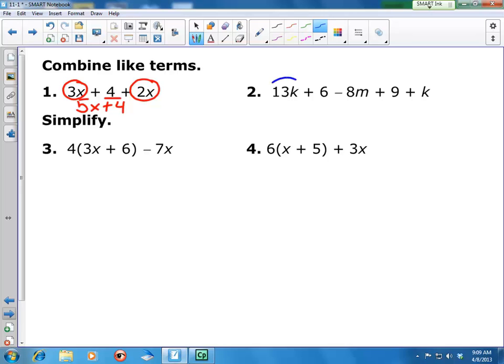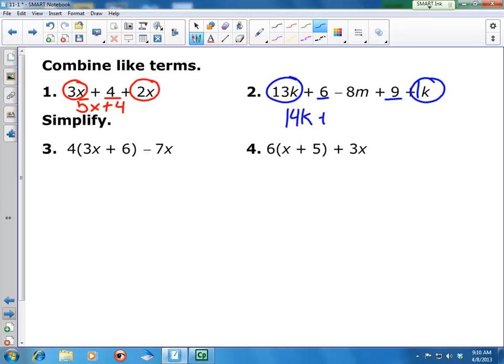What about number 2? Let's look. 13k and the k. What is this k right here? That's right, it's 1k. What else? Or do I have anything else? Yeah, the 6 and the 9, for sure. And the only one we have left is 8m, so there's nothing else to group it with. So, since this is a plus, what's my new value for k going to be?